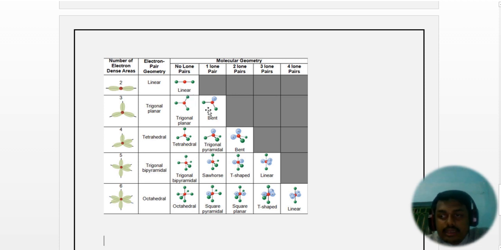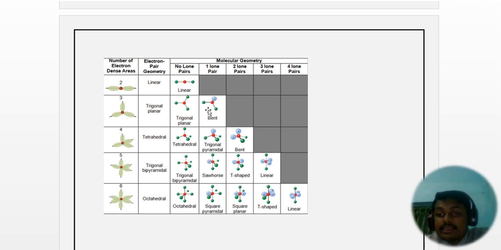For three atoms attached, we can get trigonal planar or bent shape depending upon the number of lone pairs. Similarly, tetrahedral, trigonal bipyramidal, and octahedral shapes are derived. All these shapes are structured using the number of bond pairs and number of lone pairs.